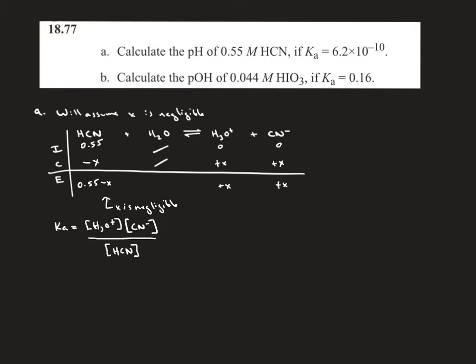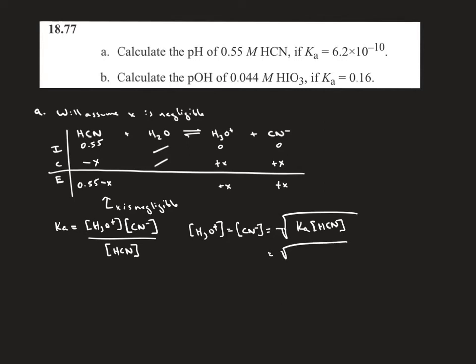Setting that up and solving for this, which is going to be the same thing as this, it's going to be the square root of Ka times HCN's concentration.